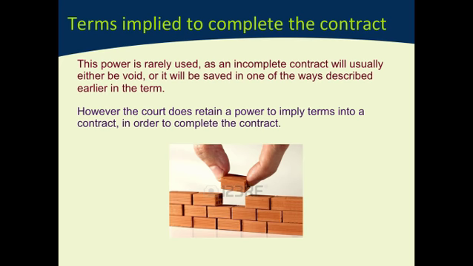But on the other hand, when we looked at that topic of certainty and completeness back in topic 6, we said, well, generally speaking, the court is going to assume that the intention of the parties was to make a contract. And so if the court can, it will find a way to save the contract. And one of the ways that the court can save a contract is it can imply a term to complete the contract.